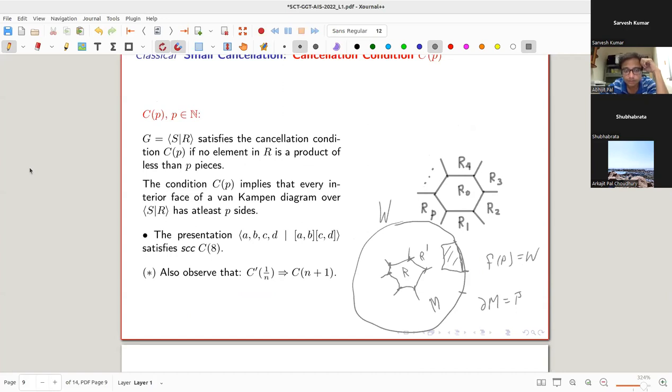Yes, you don't need to have the same coefficients for the small cancellation conditions if you change the presentation. So this p will change to some other p'. Yes, but largely they will be invariant. We will come to that.